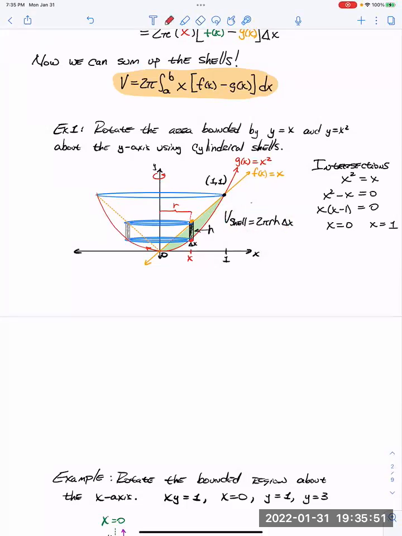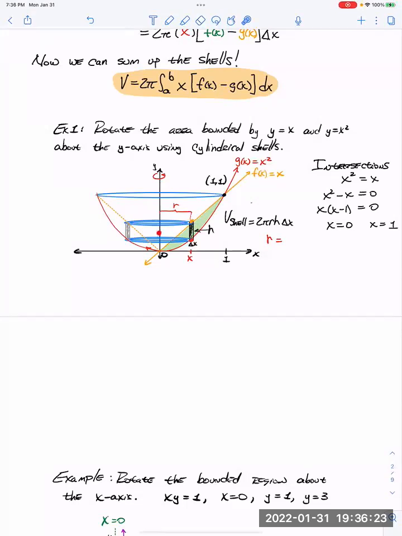And in this case, my radius here will simply equal the distance from the axis of rotation to this arbitrary point. Now, this lower point has an x value of x, but its y value is g of x, because it's the lower function. This point up here that lies on the function f of x has the same x value as g of x, but its y value is f of x.